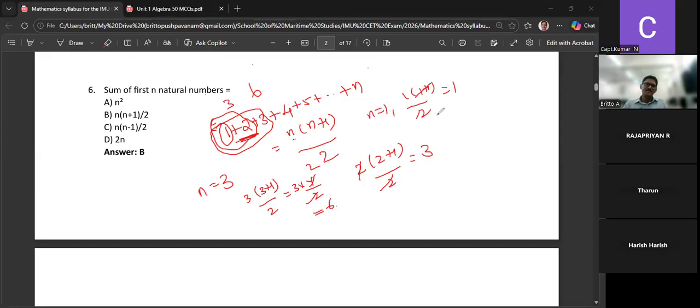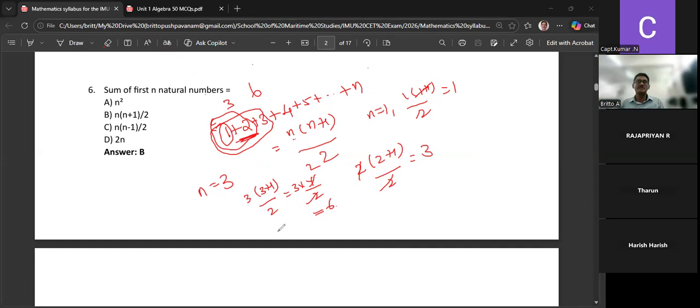Like this, you can verify. Suppose you think the answer is n square, put in the n value and you may not get the sum. So the correct answer is B, it cannot be C. Suppose you think C is the correct answer, put in different values and verify whether you get the sum of the first two numbers and first three numbers correctly.